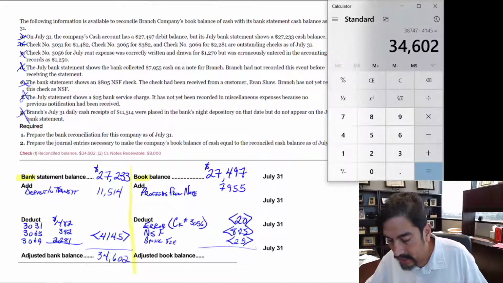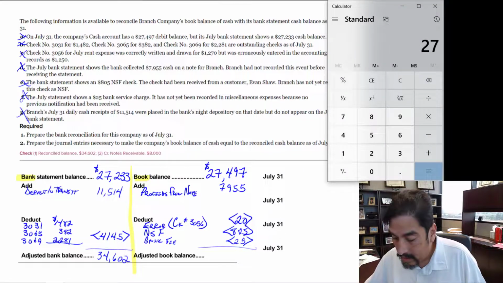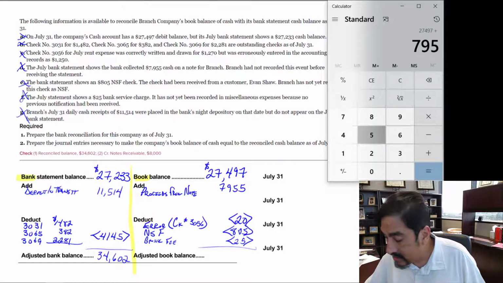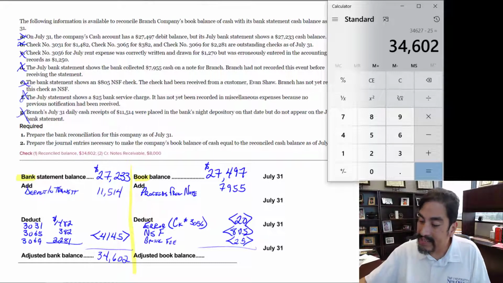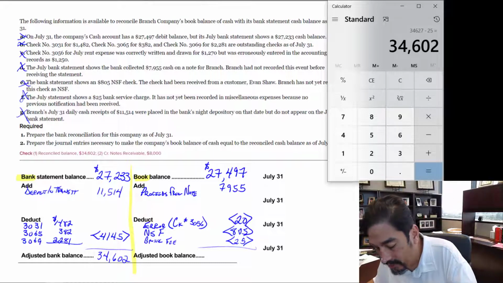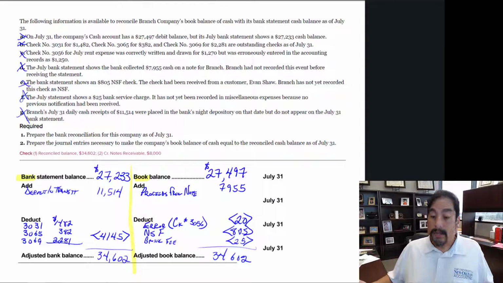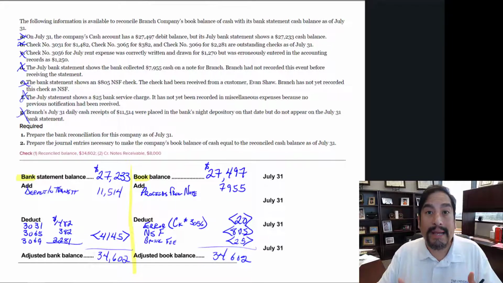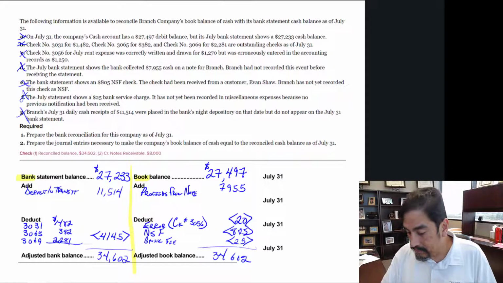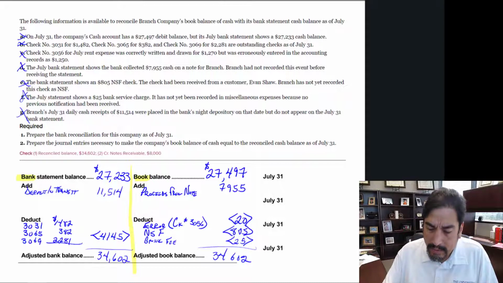And the other side is 27,497 and 79.55 minus 20, minus 805 and minus 25 gets us 34,602. So our adjusted balances match, our bank rec is done, and we're good. There's one more step. That was required one.